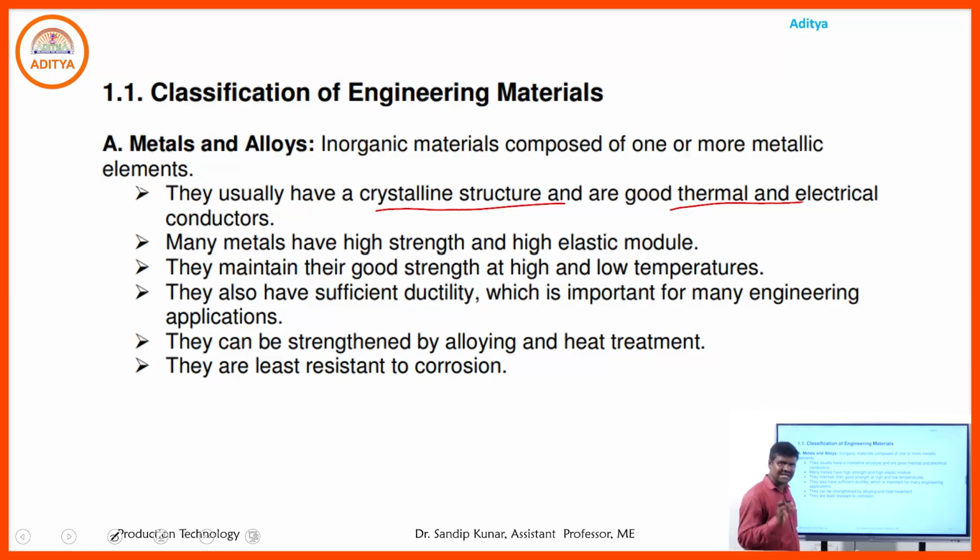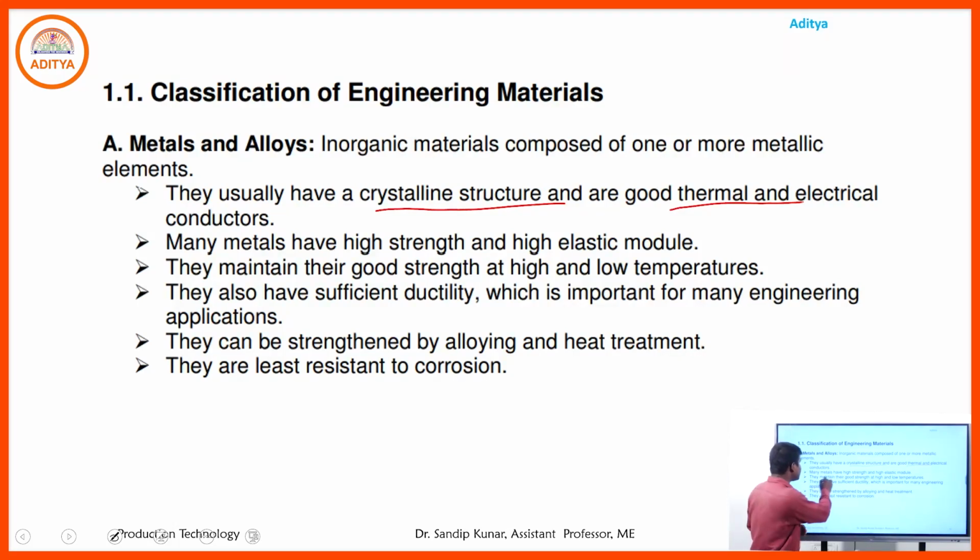Every metal has high strength and high hardness, and also a high elastic modulus. Elasticity means when we apply a load to the material, it will deform, but after removal of the force, the material will come back to the original position.